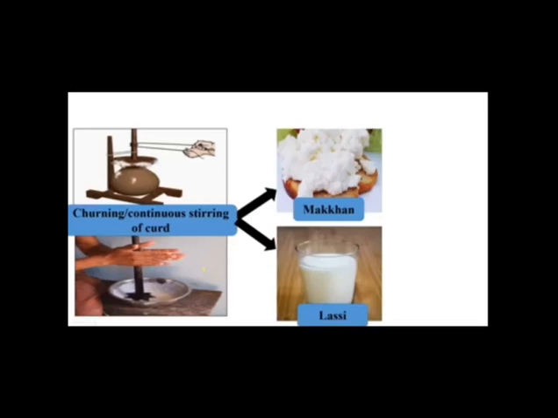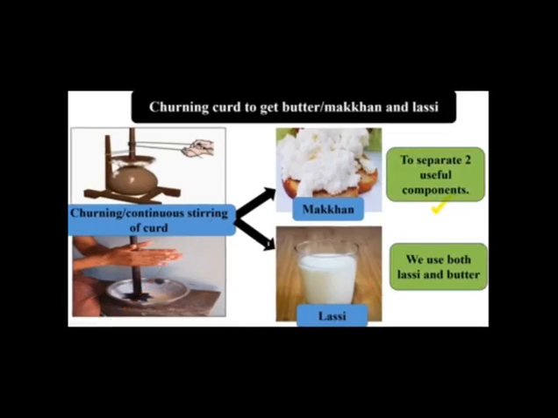Have you seen this at your home? Do you know why this continuous stirring of curd is taking place here? Because we get makhan and lassi by the continuous stirring of curd.